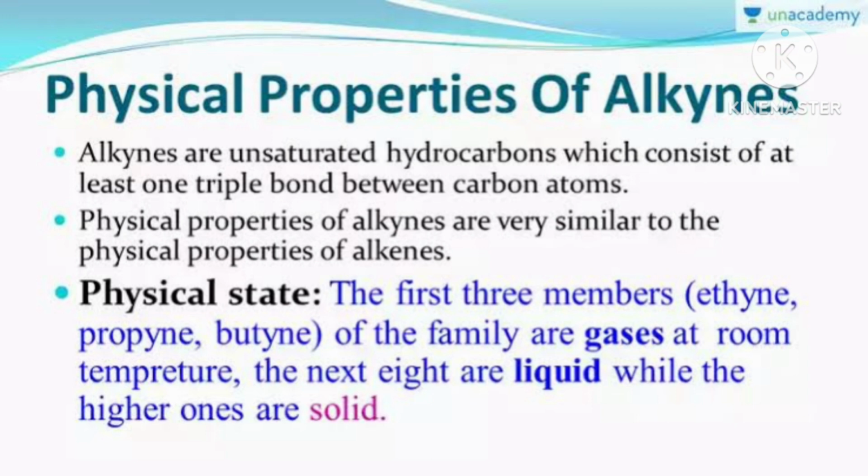So it is the most acidic. And in propyne, CH3, C, and again CH, the triple bond is there, with only 1 hydrogen. That's why it has second priority. Most acidic is when 2 hydrogens are there, second when 1 hydrogen remains on the carbon with the triple bond, and third when no hydrogen is there.